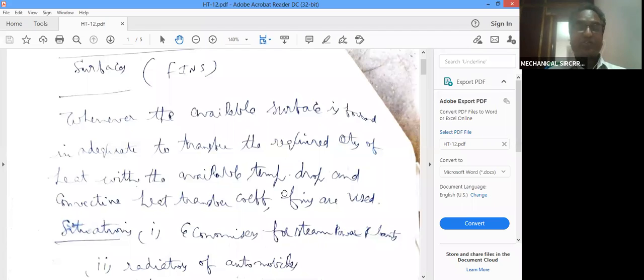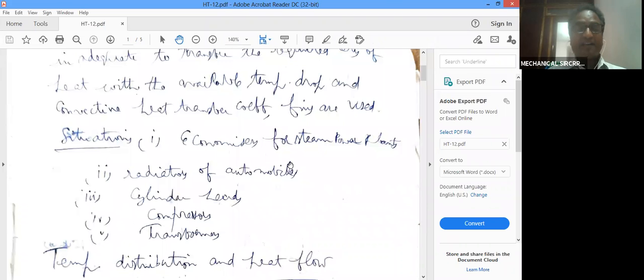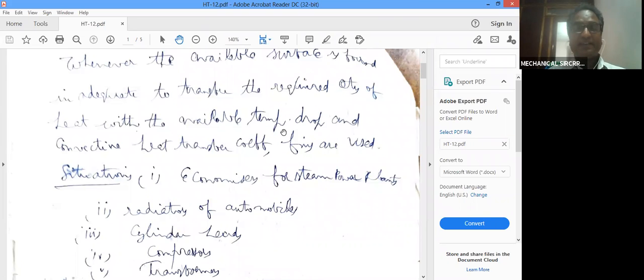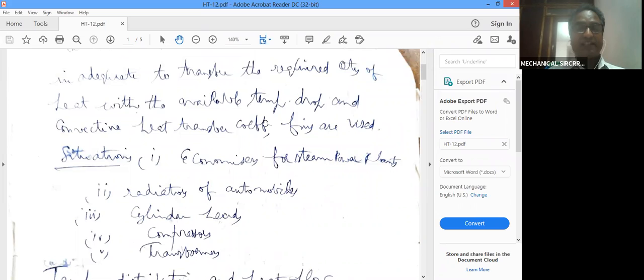So, Q is equal to HA delta T: for the given H and available temperature drop delta T, the other parameter is the surface area.